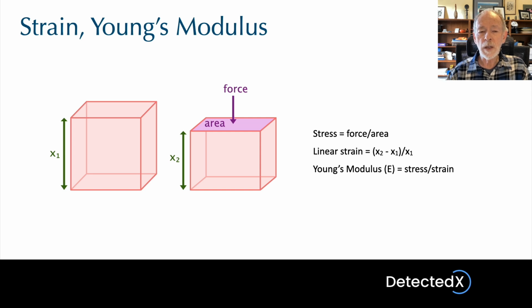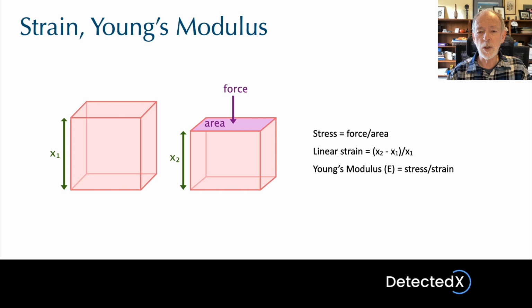So then we have a number which is used to characterize the elasticity of any material, and in our case, of tissue. And this is known as Young's modulus, and that is simply the ratio of the applied stress divided by the resulting strain. Now, strain is a change of dimensions divided by a dimension, so it actually has no units.